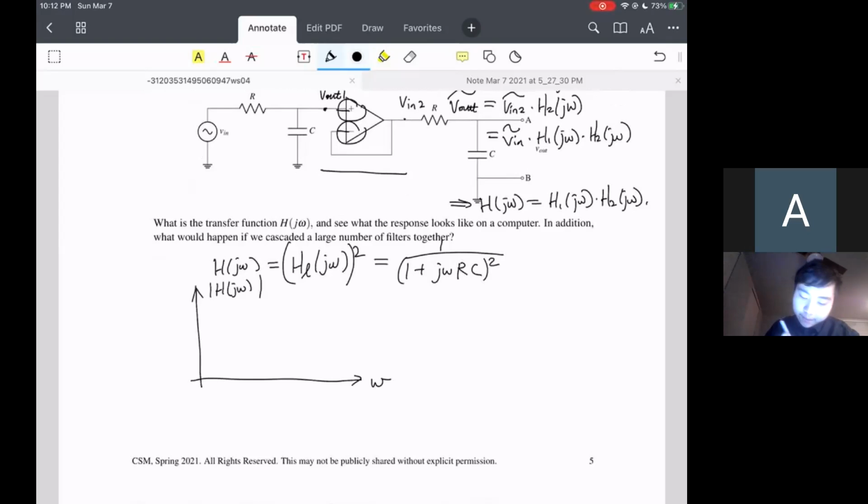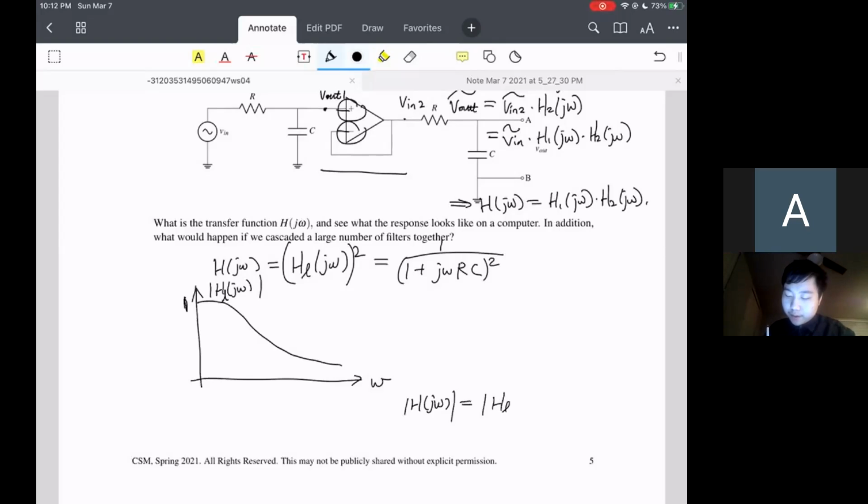It's all linear. It's going to look something like this, where this is 1. We know that as we cascade two of these low-pass filters together, its magnitude is just going to be the magnitude of the low-pass filter squared.